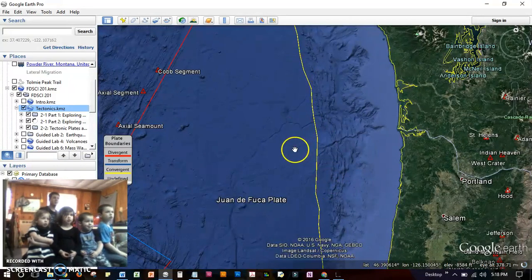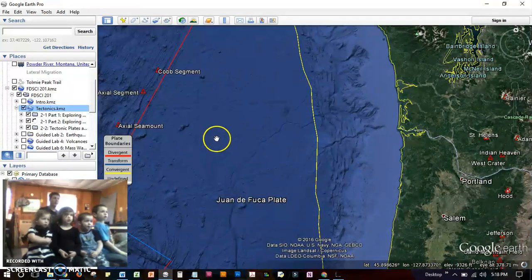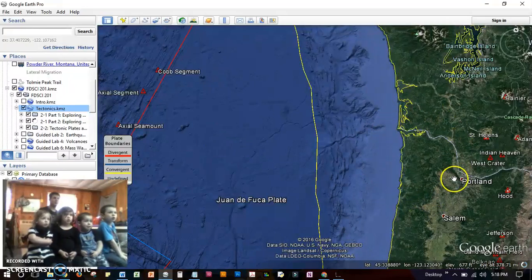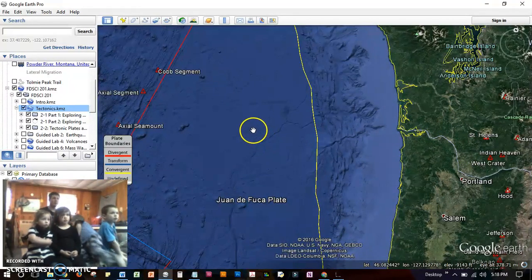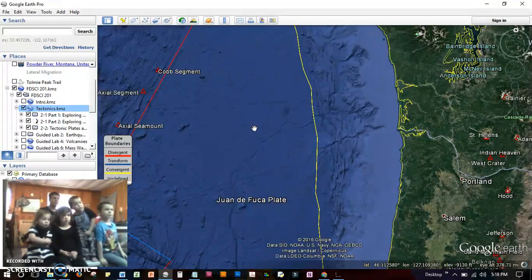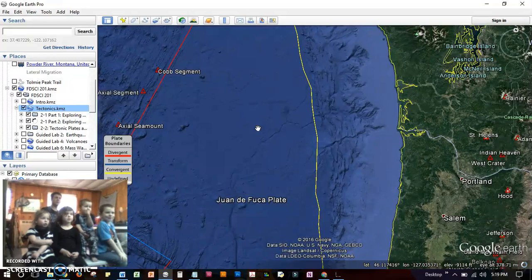Well, these two plates crashed into each other, and pretend this is a really big, huge semi-truck, and this is just an itty-bitty little car. What do you think would happen if those two crashed? Do you think the itty-bitty car would go on top? No, the big truck would just drive right over the top of it, huh?